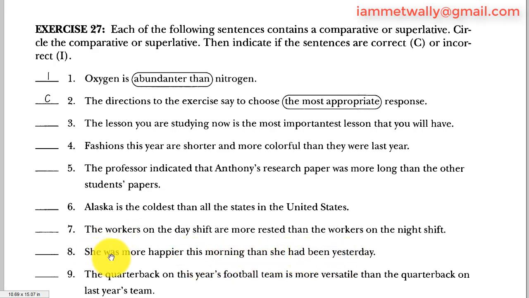She, subject, was, verb, and more happier than, this is the comparative, and it's incorrect because happier has already taken -er, so why should I put more? I should remove more or remove the -er. But because happy is one of the short words, remove more. This sentence is incorrect.